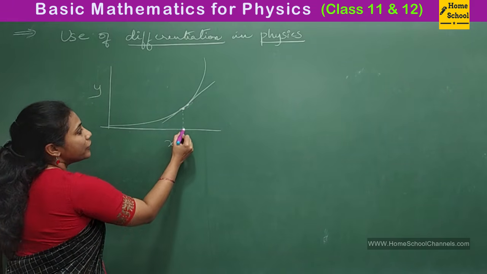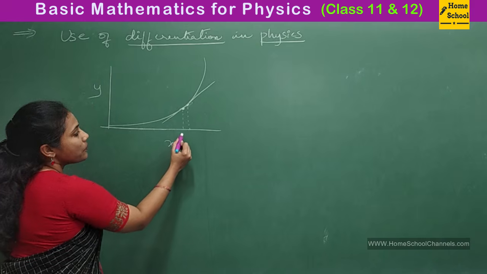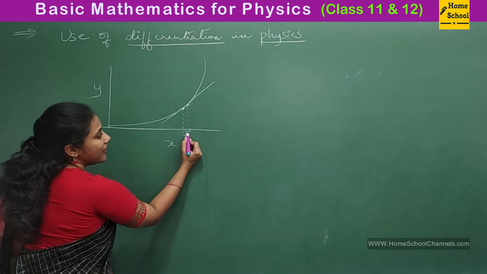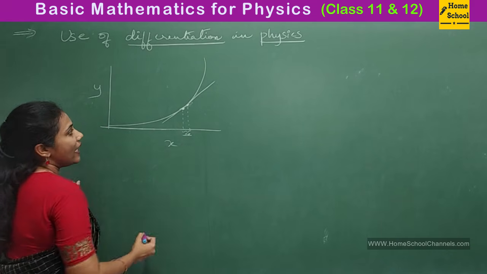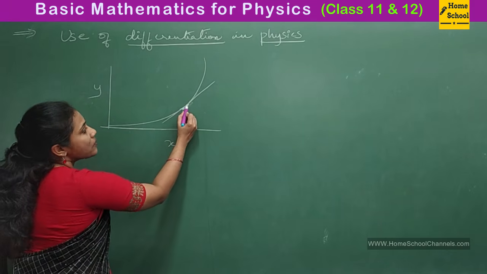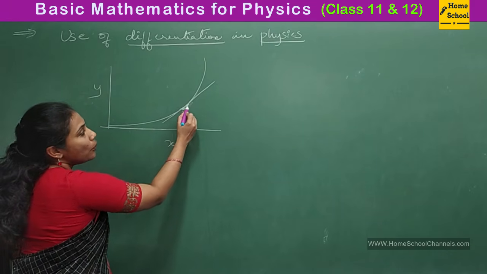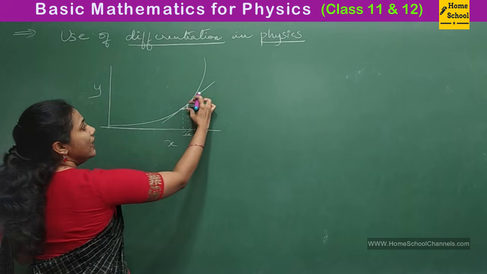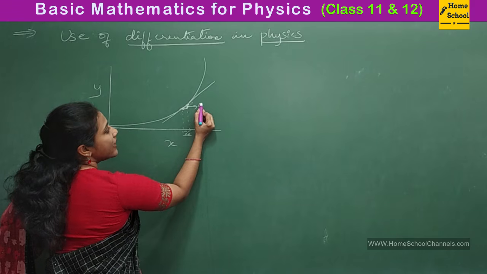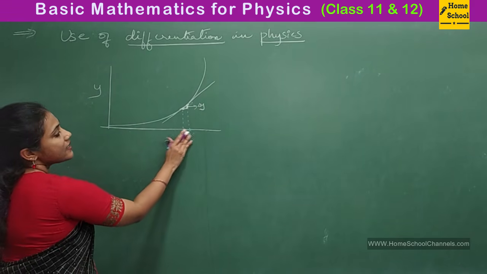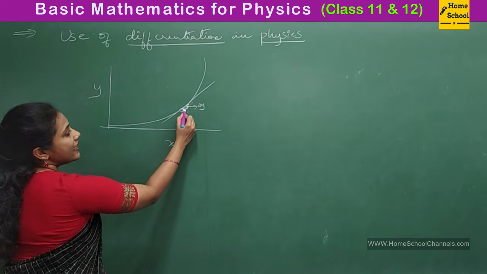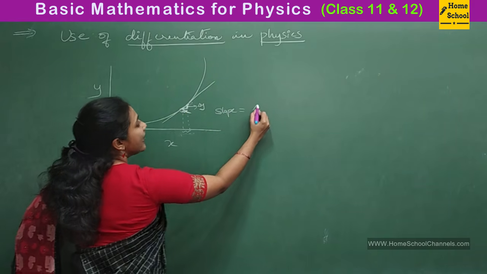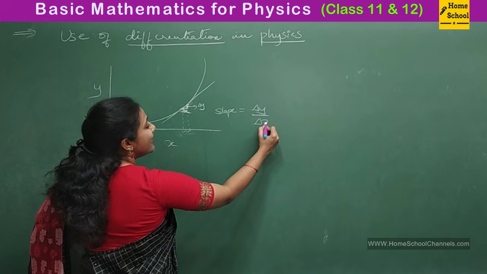With respect to these points, this is the difference in x, let me call this delta x. I'll draw a small triangle. So how do you find the slope of this triangle? This small difference is delta y, and this is a small difference delta x. So slope is equal to delta y by delta x.